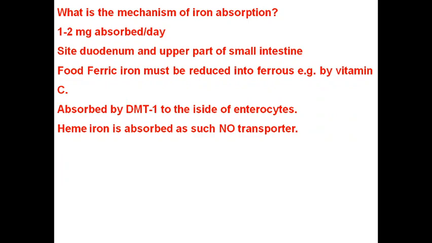If we start talking about iron absorption, we will notice that very little iron is absorbed per day from the upper part of the small intestine, mainly the duodenum. The amount absorbed per day is in the range of 1 or 2 milligrams. Iron is highly regulated at the site of absorption because there is no efficient way of iron secretion or excretion.